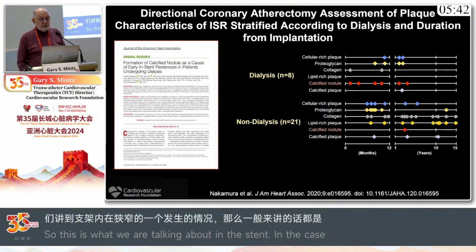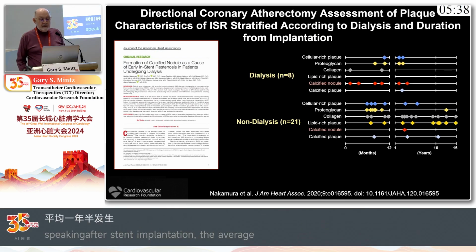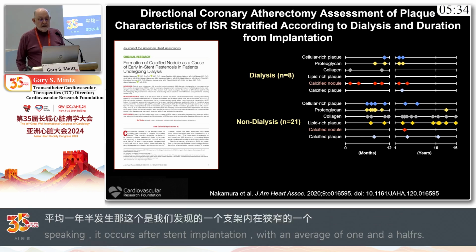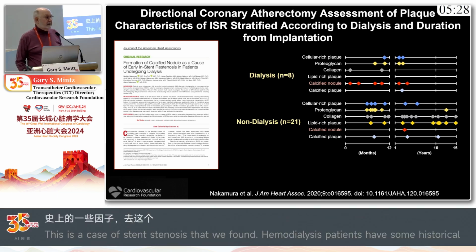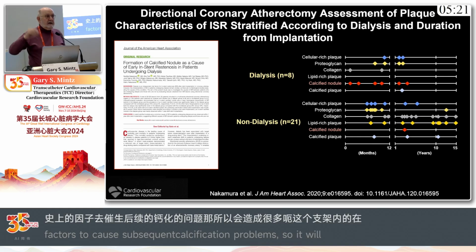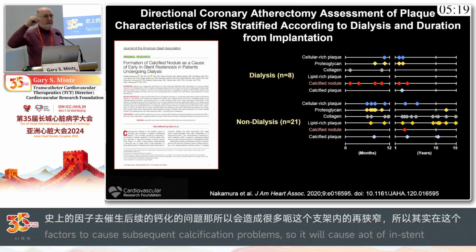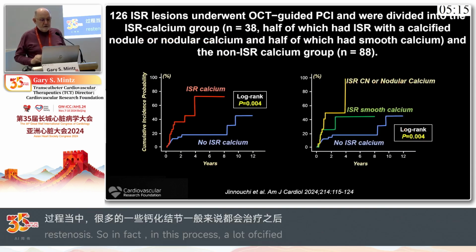The study from Japan did directional atherectomy of in-stent restenosis, and they showed that in dialysis patients, there was histologic evidence of a calcified nodule and that it occurs in the first year after implantation. So everything that we know about these eruptive calcified nodules is that they come back as reoccurrence of the calcified nodule inside the stent, and they're tough to treat.